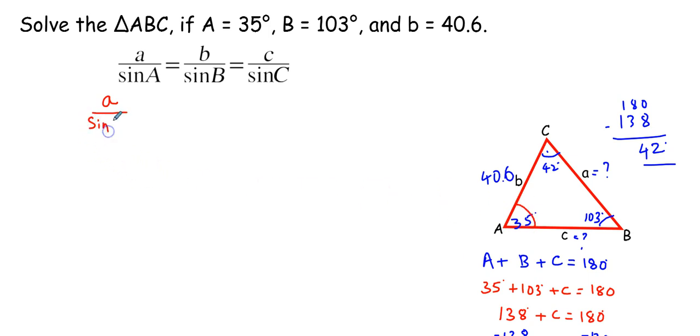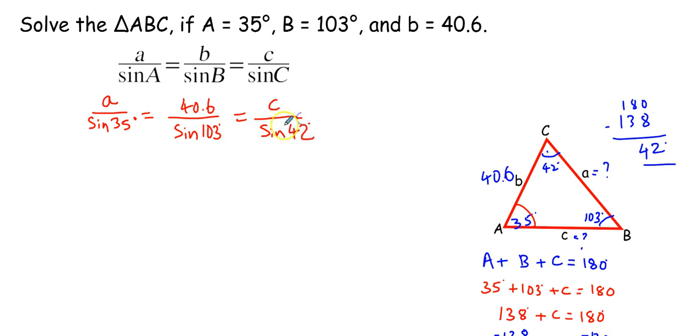A over sine 35 degrees is equal to B, how much? 40.6 over sine B. B is how much? 103 degrees, and that is equal to C is also not known. So I'll write C over sine C. Just now we got 42 degrees.